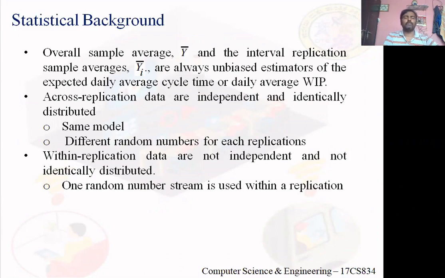Based on the seed, we can determine the subsequent random inputs that will be generated. So the random number generator generates a random stream based on the seed value. Clear? So within replication, data are not independent, but across replication, data are independent.